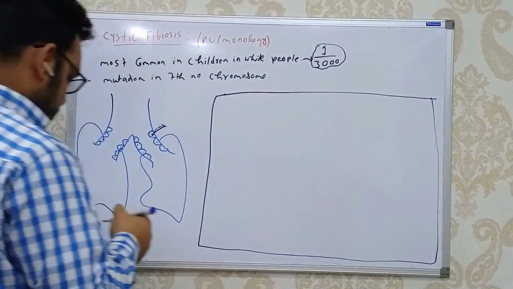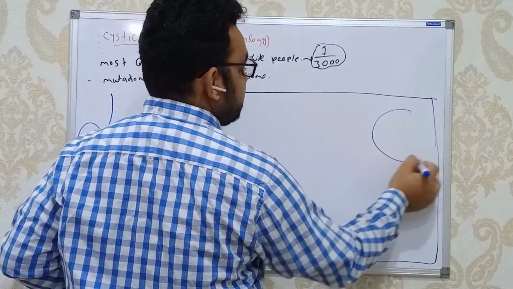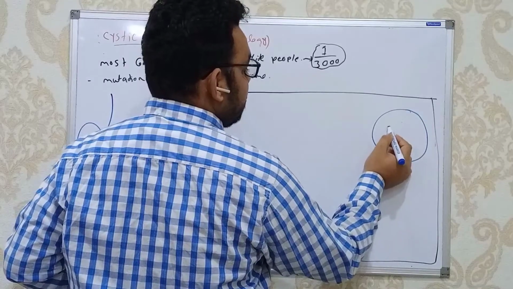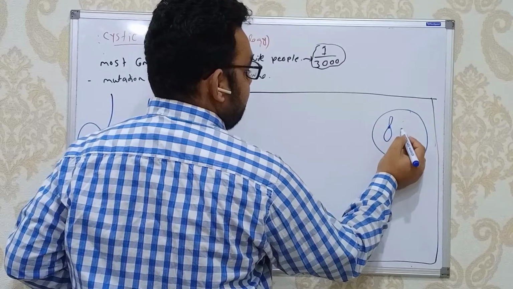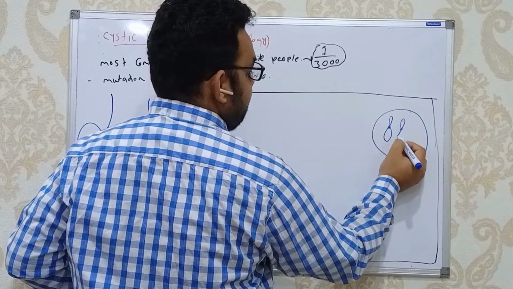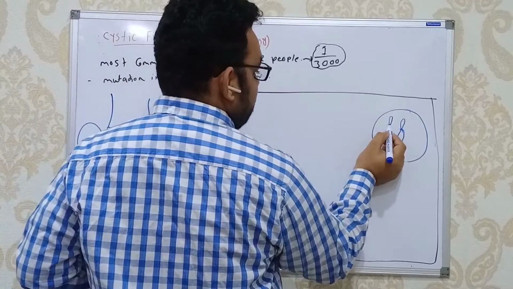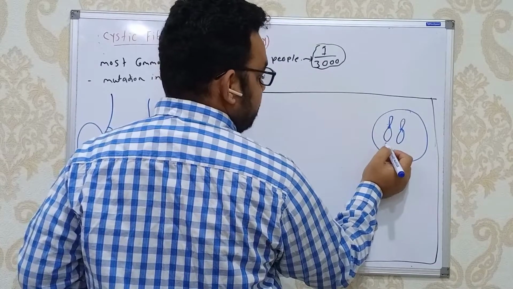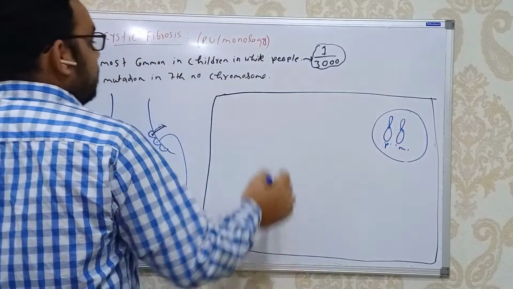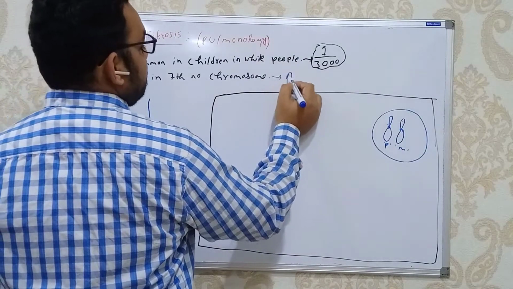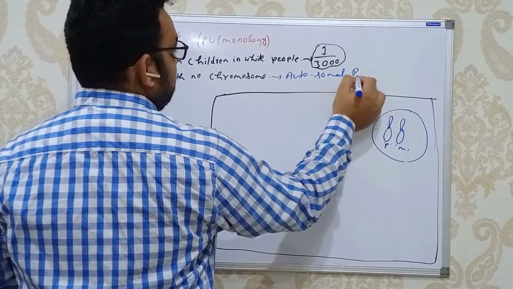Within the mucosal epithelial cells there's the nucleus, and within the nucleus there will be chromosome number 7, from the paternal side, the father, and from the maternal side, the mother. As you know, the mutation is an autosomal recessive disorder.